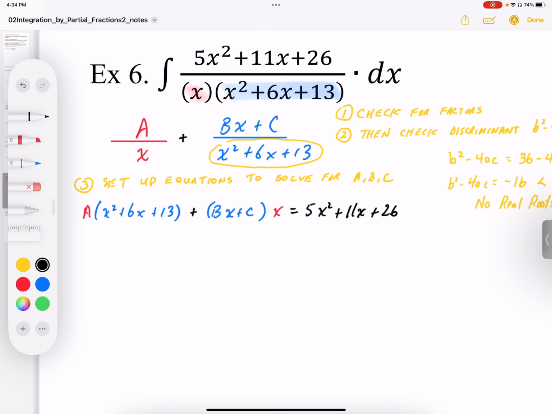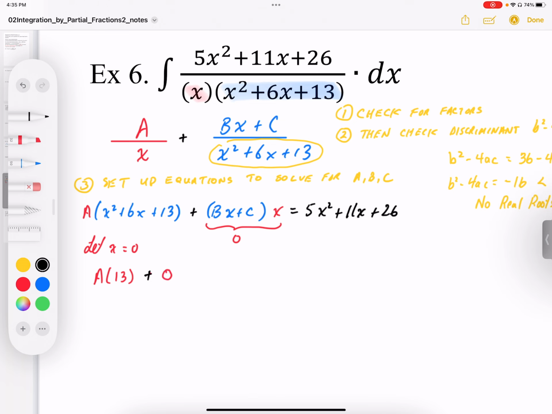I'm going to solve for these coefficients by first letting x equal to 0. Then this portion becomes equal to 0, and I can solve by plugging in x. I get 0 squared plus 6 times 0 plus 13, so I have my 13 left over, plus this term simplifies to 0.